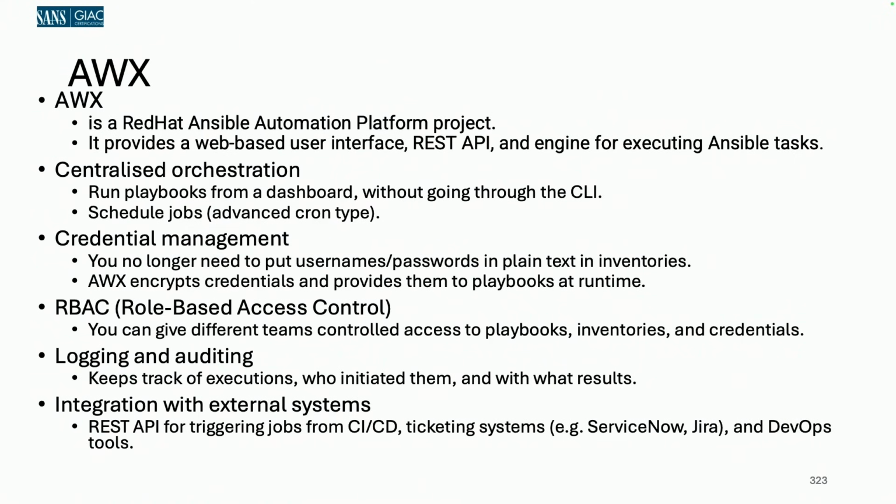AWX is a Red Hat automation platform project that provides the web user interface of Ansible. It's a centralized orchestration instrument. It can handle credentials with role-based access management, so you can have staff that can see the whole platform, or you can have a view on a single part that a team can see.